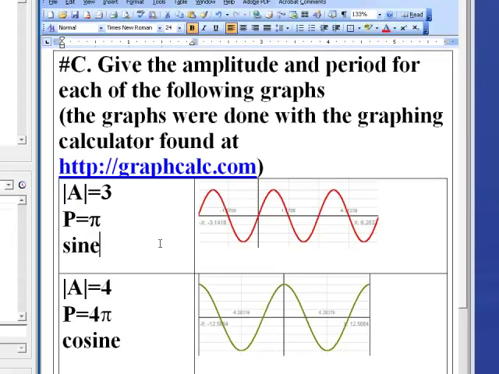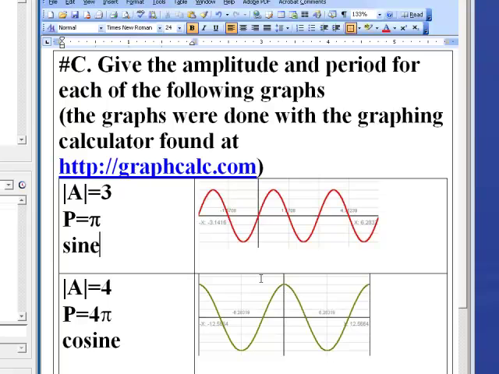So an amplitude of 3, and because it starts at 0, that's of course a sine. So overall, the equation would be written, not that it asked for it, but the equation would be written as y equals 3 sine 2x, because we would have to calculate that b equals 2 by using b equals 2 pi divided by pi.